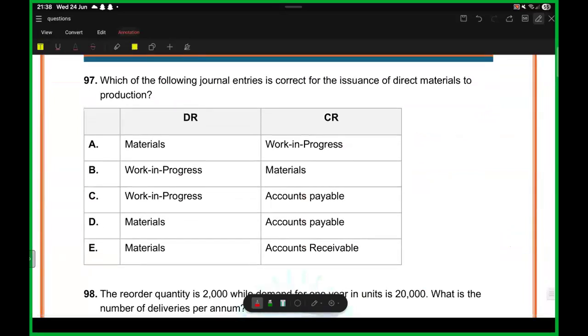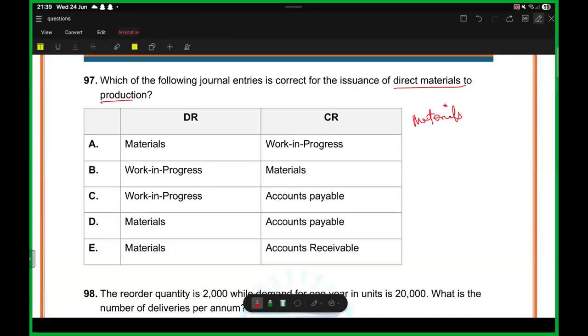This one is so simple because it's double entry. 97. Which of the following journal entries is correct for the issuance of direct material to production? If you issue materials to production, what will be the two accounts here?